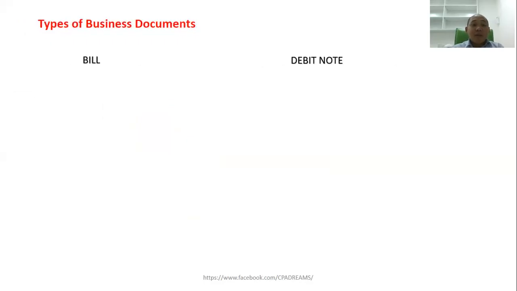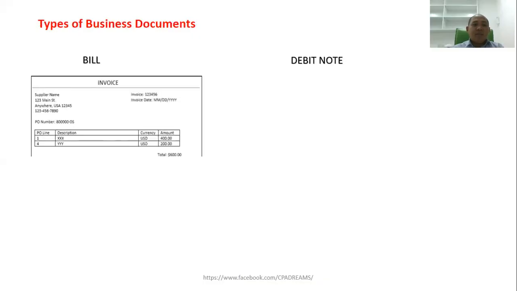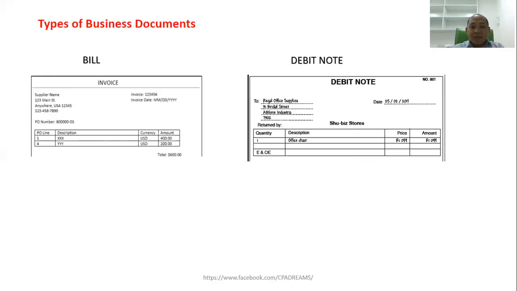Then we have other types like what I've said, the bill here, I'm referring to the supplier's invoice. Okay, there will be a supplier name, in the same format as the sales invoice. But here the difference is it is on the side of the supplier. Then debit note.